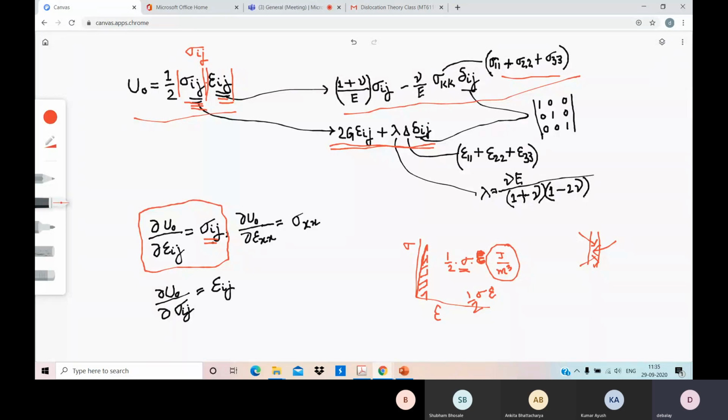Similarly, if you take the derivative with respect to a stress component, you will get the corresponding strain component. For example, del U naught by del epsilon xx, you will get sigma xx. Similarly, del U naught by del sigma xx, you will get epsilon xx. If you take the derivative with respect to epsilon xy, you will get sigma xy. That is the beauty.